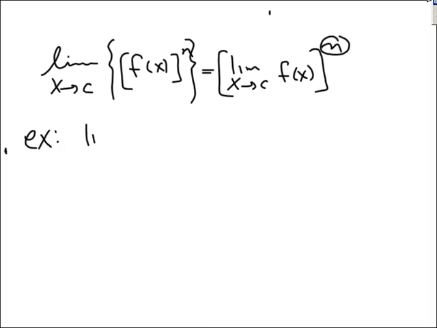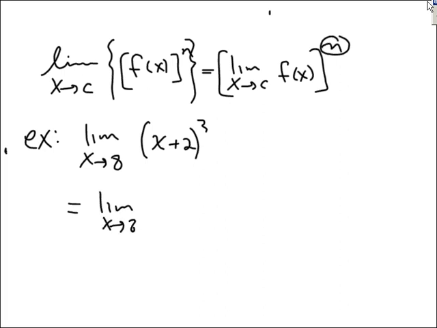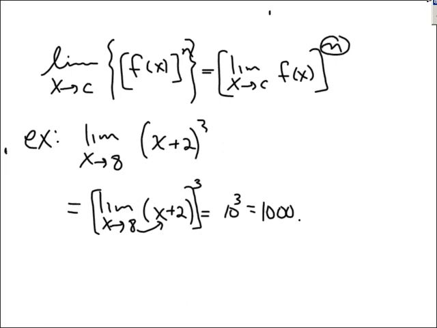An example would be the limit as x goes to 8 of x plus 2, cubed. Well, what you can do is calculate the limit as x goes to 8 of x plus 2. Plug in 8, 8 plus 2 is 10. And then whatever answer you get, like 10, cube it. And 10 cubed is 1,000.